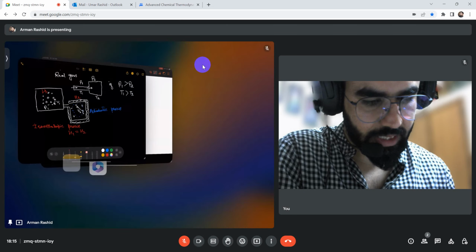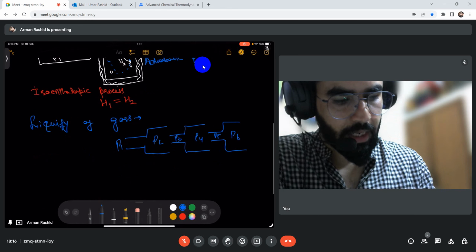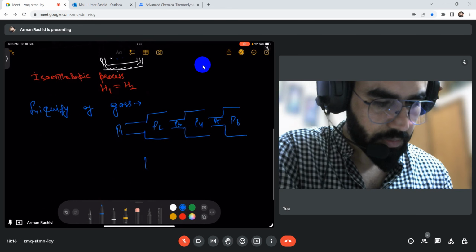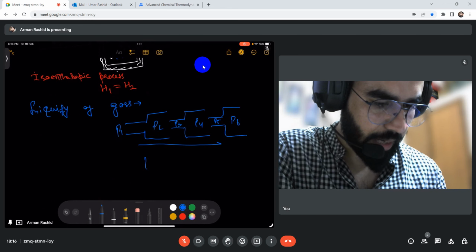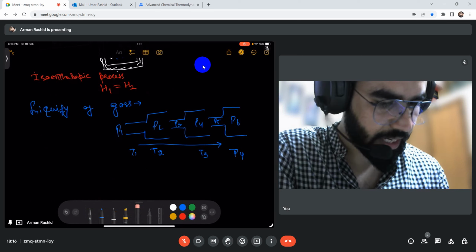So if here it is P1, this is P2, this is P3, this is P4, this is P5, this is P6. Now the liquefaction will happen this way. At each stage, if this is temperature T1, this will be temperature T2, this will be T3, this will be T4.